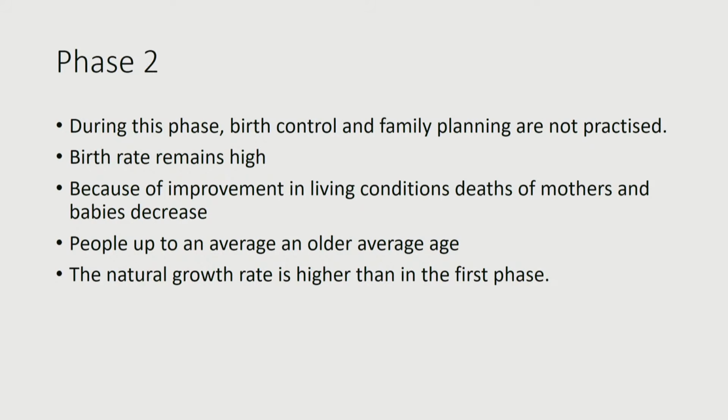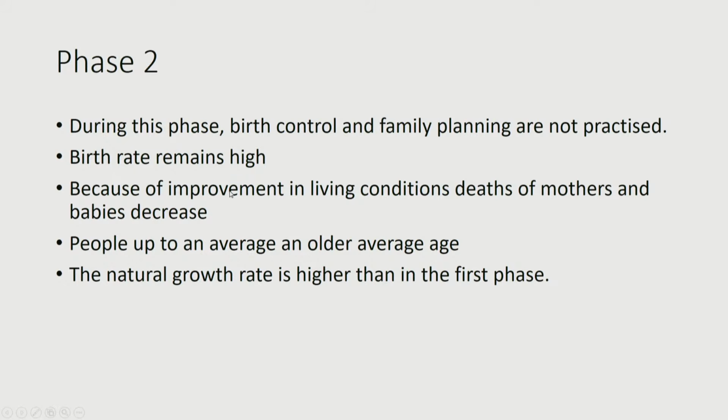The second phase of the demographic life cycle is that during this phase, birth control and family planning are not practiced. People are still not practicing birth control, and the birth rate remains high. And as the birth rate remains high, there is some improvement in the living conditions of people.